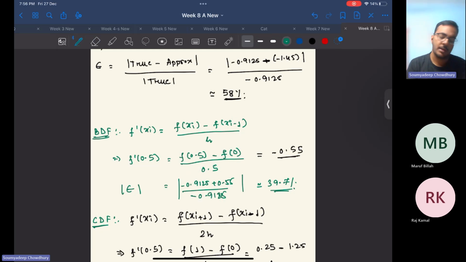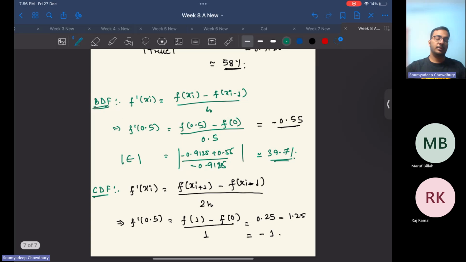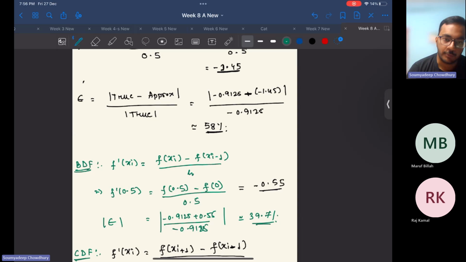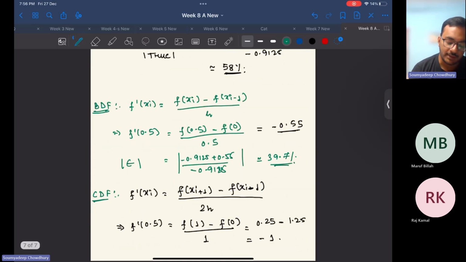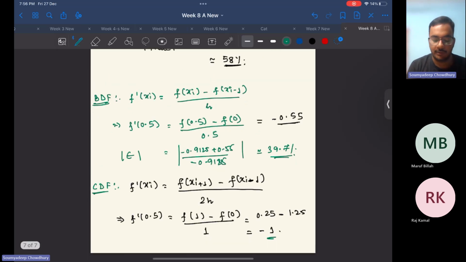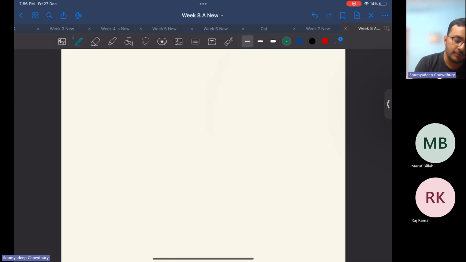So that gives me an error of 39.7%. So here your true value of the derivative was minus 0.9125. Your forward difference gave you minus 1.45, your backward difference gave you minus 0.55, and central difference gave you minus 1. So from here we can understand that central difference gives the most accurate value.